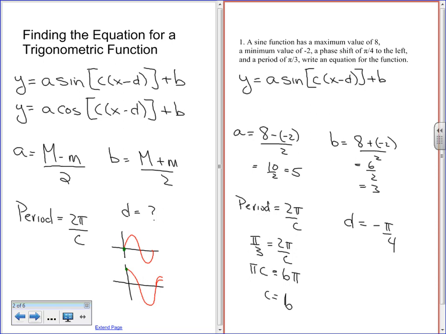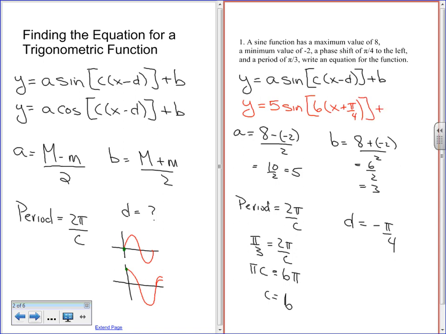So I have all the information I need, and I can substitute it into my transformed sine curve. So the A value is 5, the C value was 6, the D value was negative pi over 4, so when I substitute it in, the two negatives make a positive.